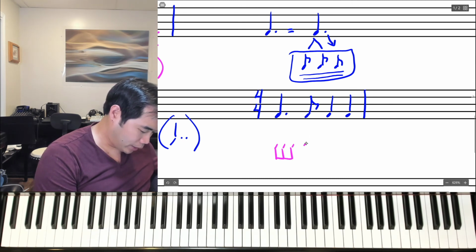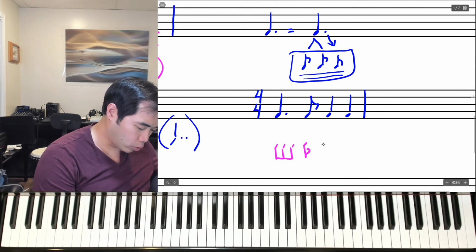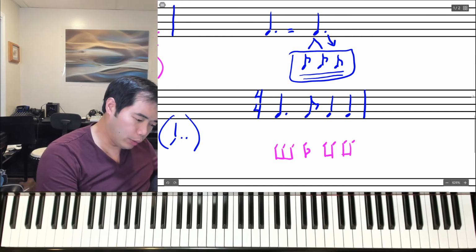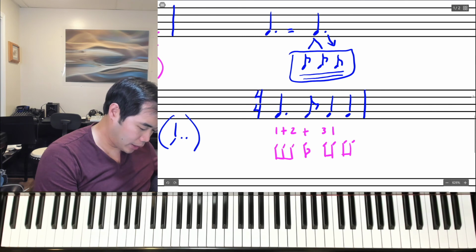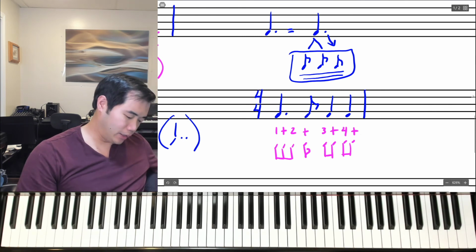Then we have another eighth note here. And then we can subdivide these 2 last quarter notes into 2 more eighth notes, like this. Well, how would we count that? Well, that's pretty easy. 1 and 2 and 3 and 4 and.